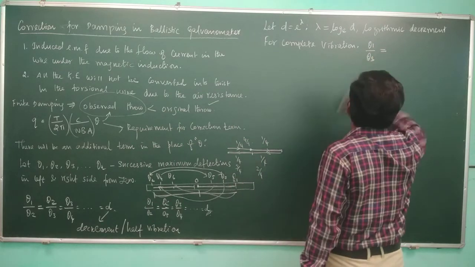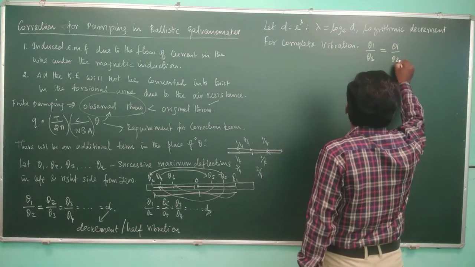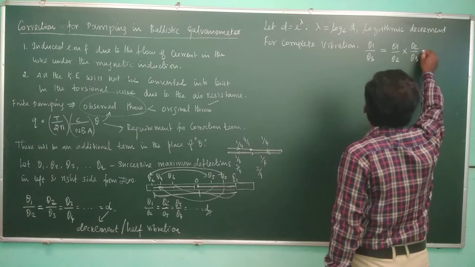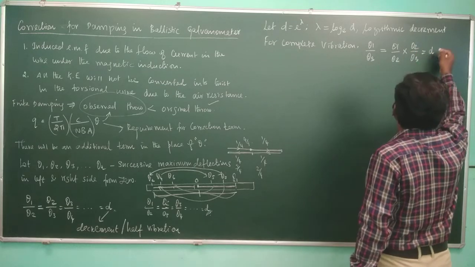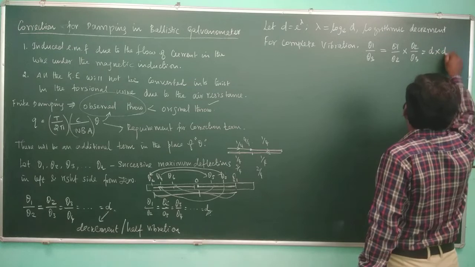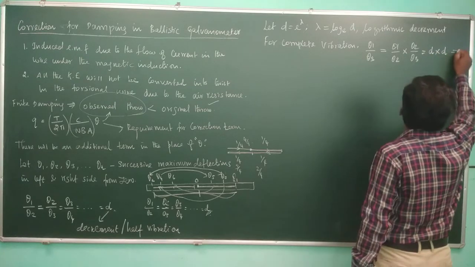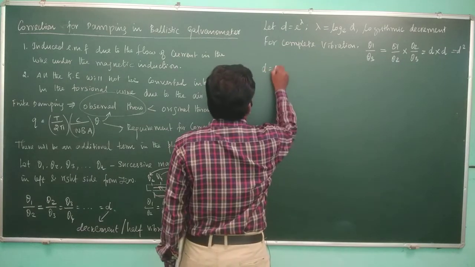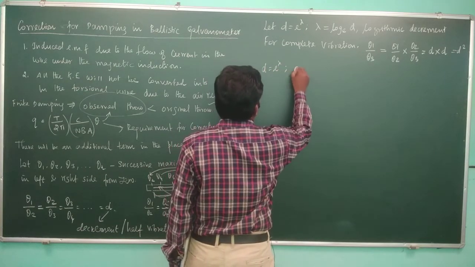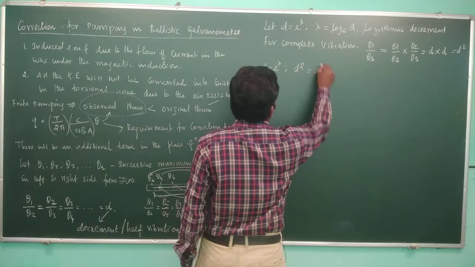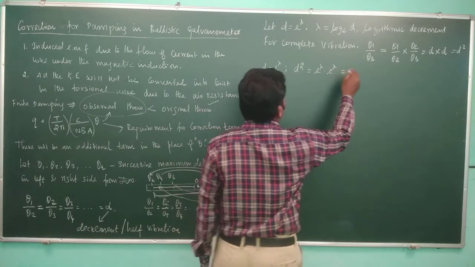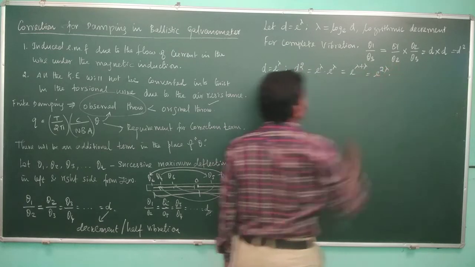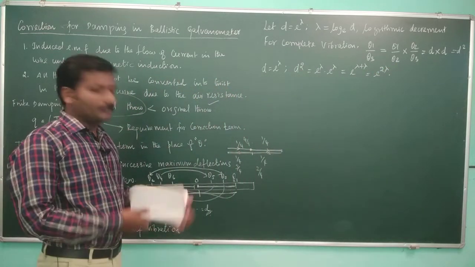You can rewrite this as theta 1 by theta 2 multiplied by theta 2 by theta 3. But theta 1 by theta 2 is D, and theta 2 by theta 3 is also D, so this becomes D square. D is e power lambda, so D square is e power lambda into e power lambda, that is e power 2 lambda, right?